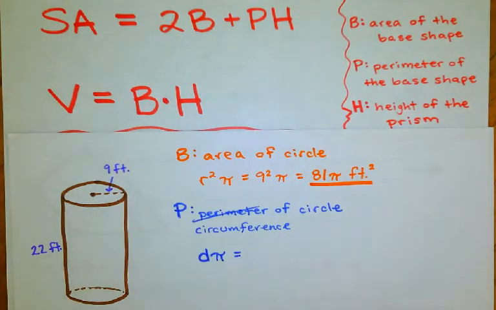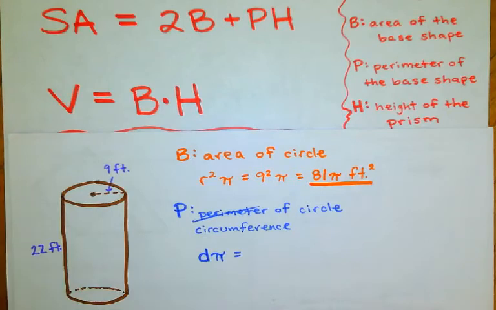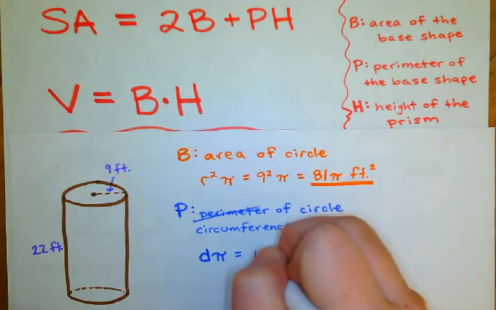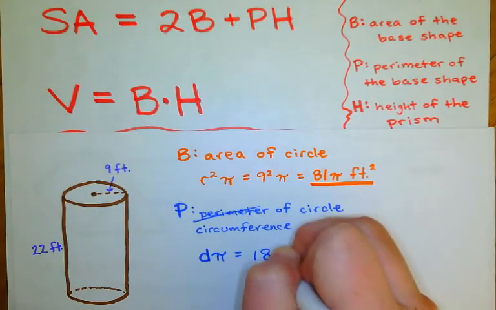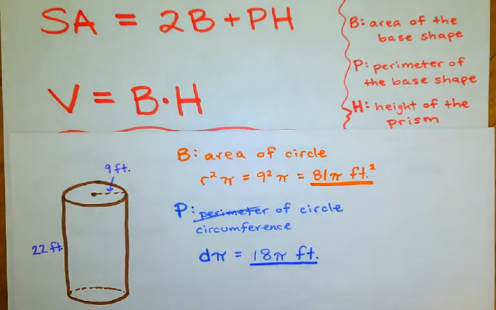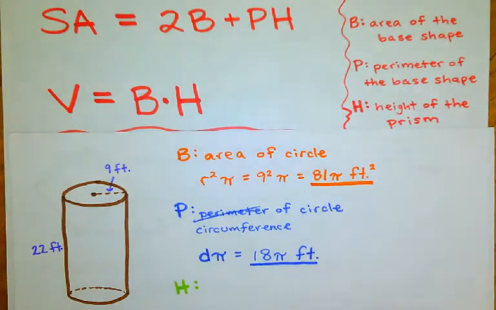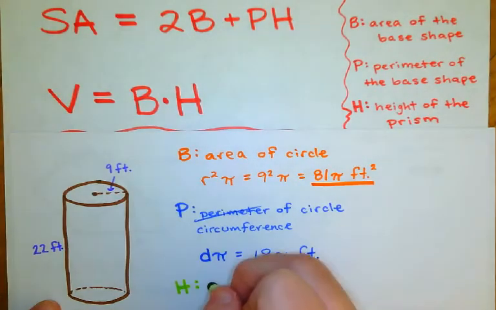Alright? Remember, diameter is all the way across your circle. So if halfway across is 9 feet, all the way across is going to be 18 feet. Good, so this is 18 pi feet. There's our perimeter. And then our last one, the capital H, is the height of your prism. Alright, the height or the depth of this cylinder is the 22 feet.